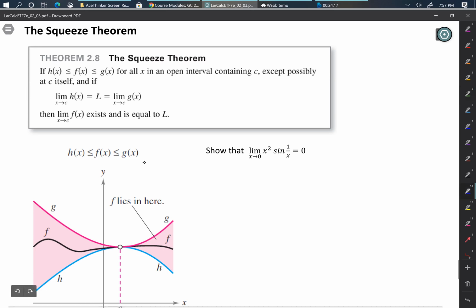Okay? So you've found three functions, so that you've got a small one, a medium one, and a big one. And the small one's always the smallest, the big one's always the biggest, and the medium one's always in the middle.